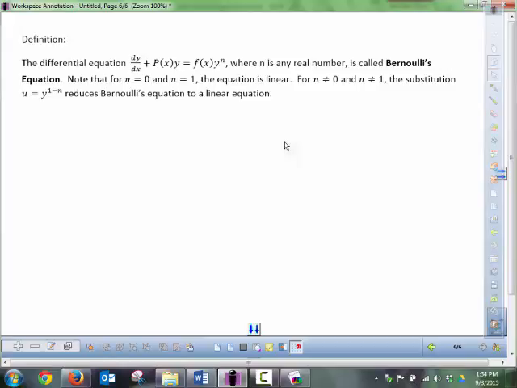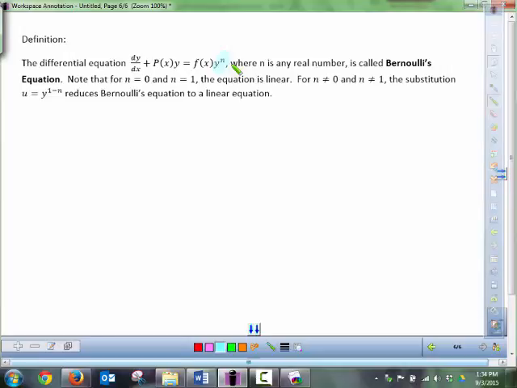So a differential equation of this form, it almost looks like a first order linear differential equation, except the right-hand side has a y to some power in it. Okay, this little bit over here, this little thing makes it non-linear.